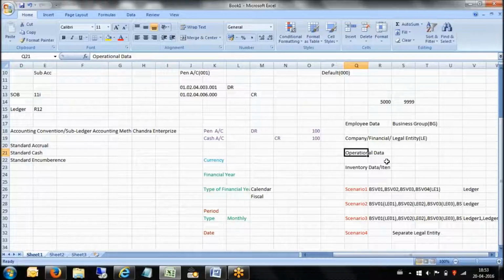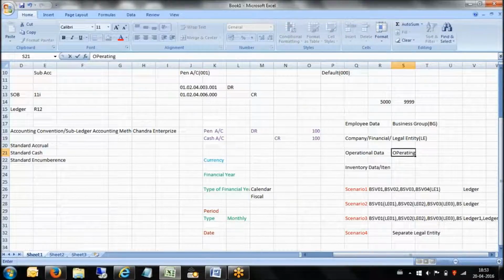Whenever you do any financial transaction, operational data will be generated, which you need to record. To secure that operational data, you have something called an operating unit, or we call it OU.